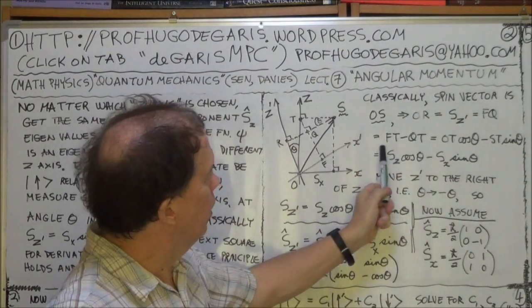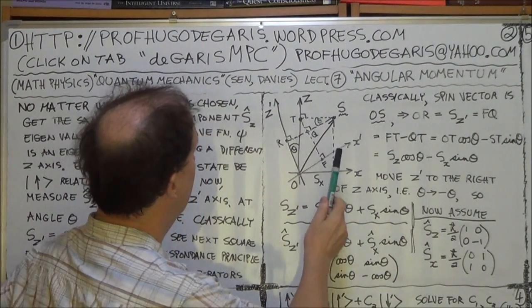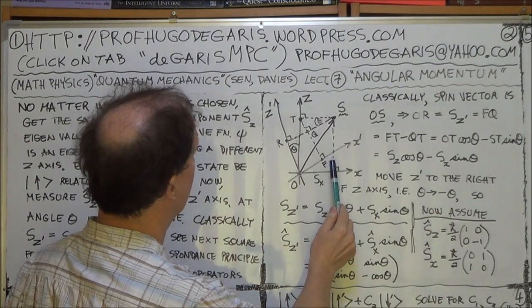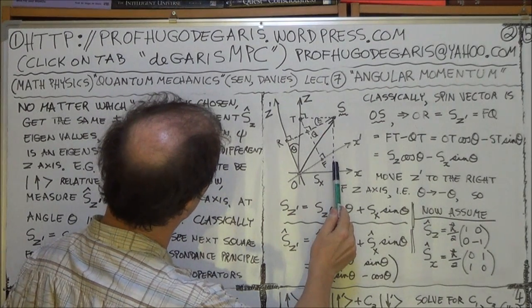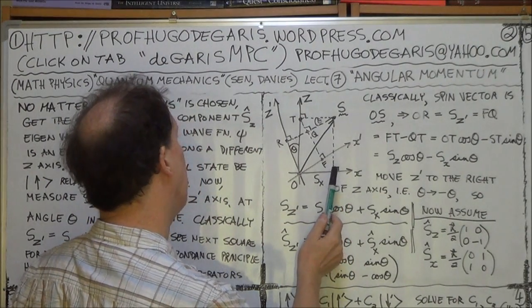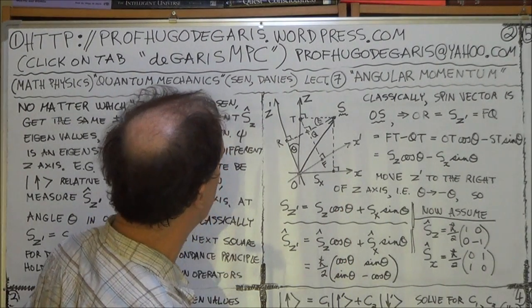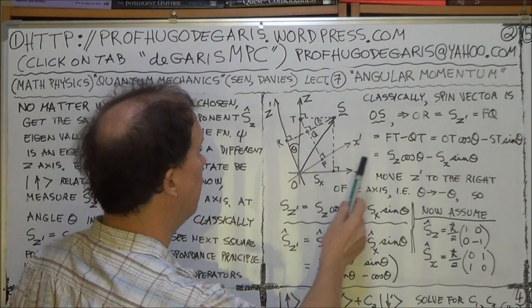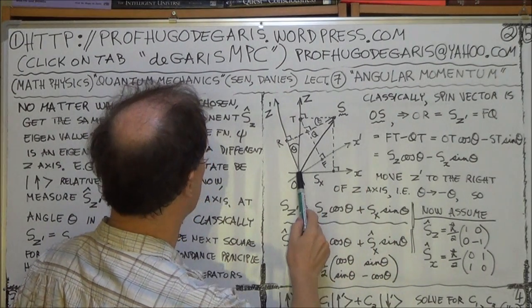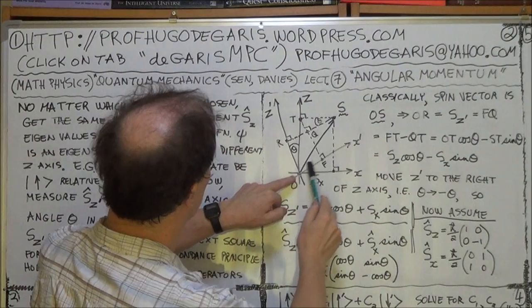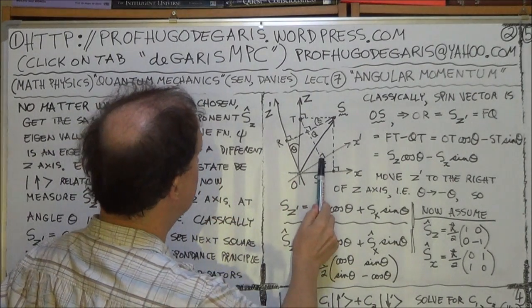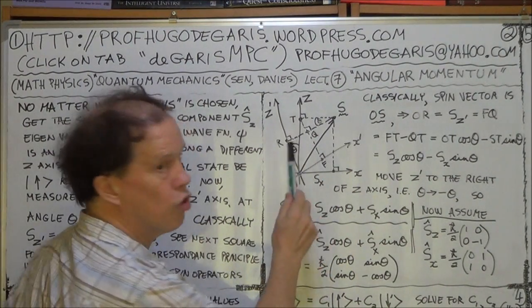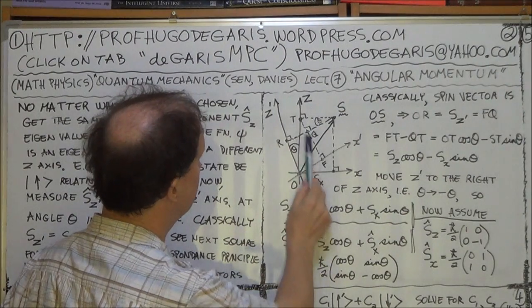Right, now what is FT? What's FT? FT is OT. Okay. This FT here is, look at this triangle. Look at this triangle here, OFT, right?